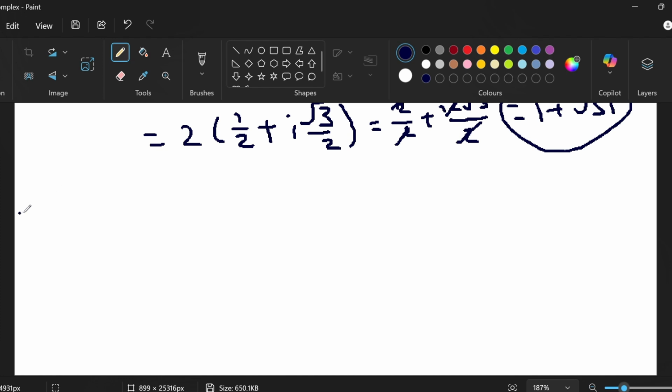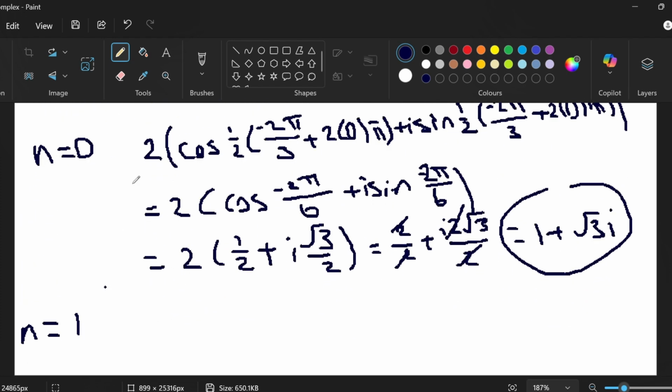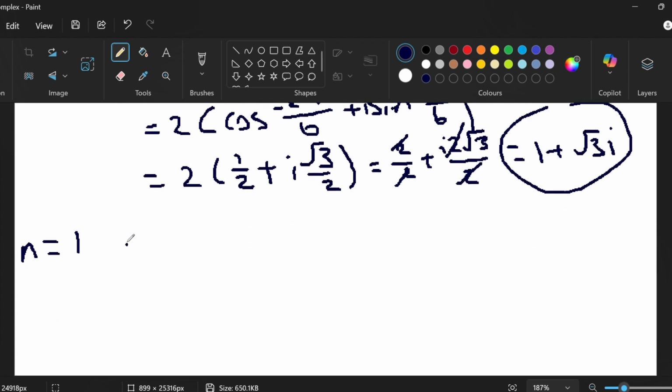And for my second root, just one more thing. I set n is equal to 1, and I sub all these values into my general polar form.